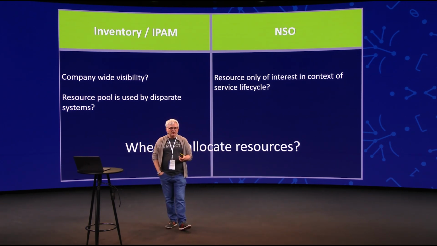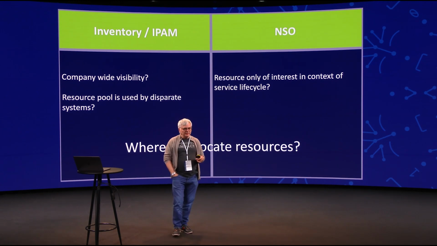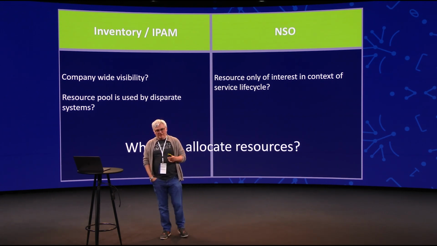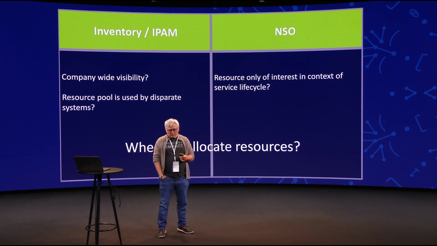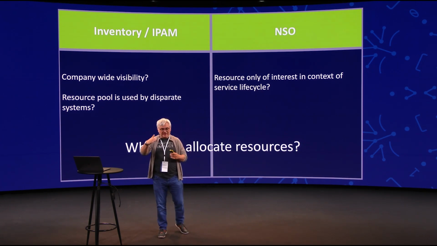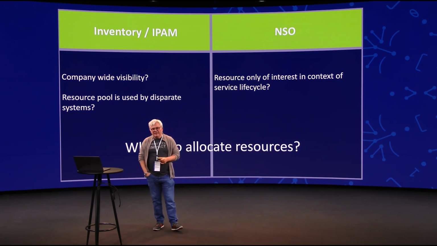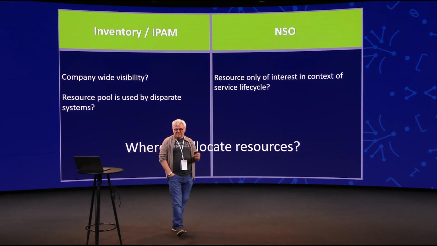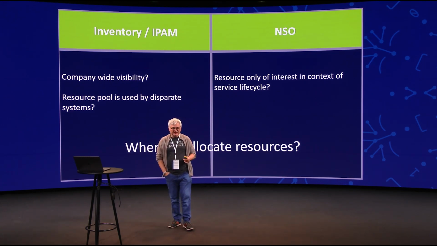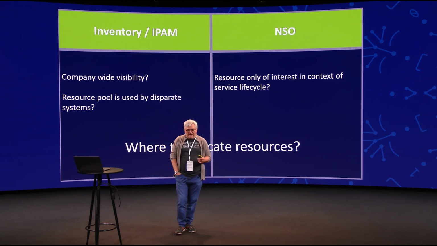So IP addresses, of course, are typical, where I have a large IP address pool, but they have to be all unique, and many systems will want to allocate from that same pool.